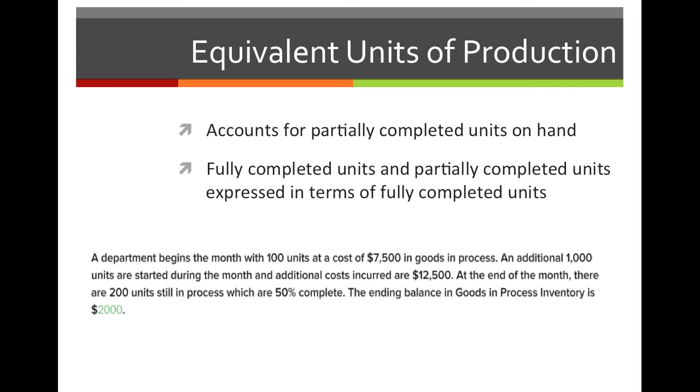And now you take that $20, we have 200 units that are 50% complete in goods in process inventory. So technically 50% of 200 is only 100 units. So we take those 100 units, multiply by $20, and that's how we get 2,000, which is the value of the units that are still in goods in process inventory at the end of the month.